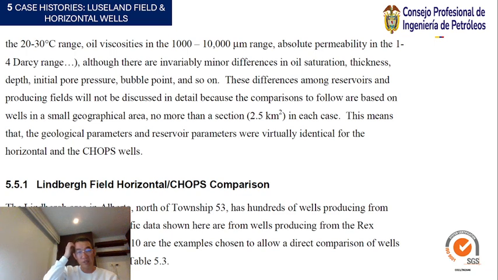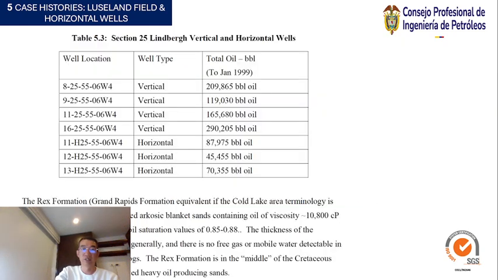The specific data shown here are from wells producing from the Rex Formation. Figures 5.9 and 5.10 are the examples chosen to allow a direct comparison of wells in the same 2.5 kilometers, listed in Table 5.3.